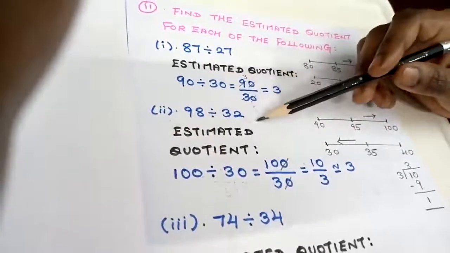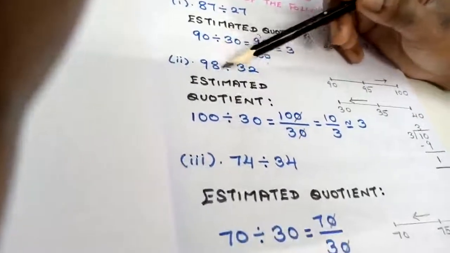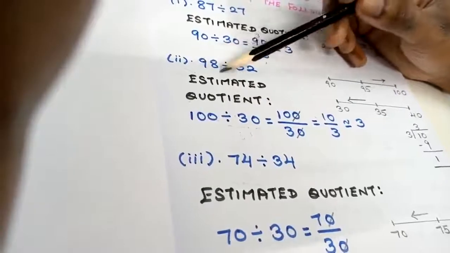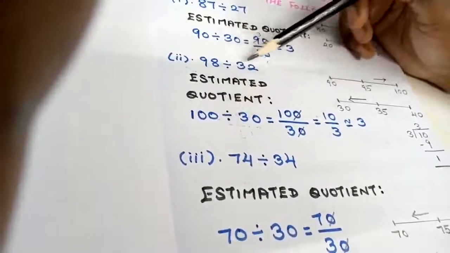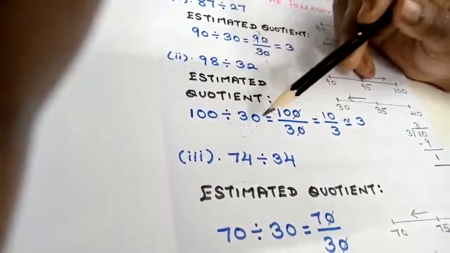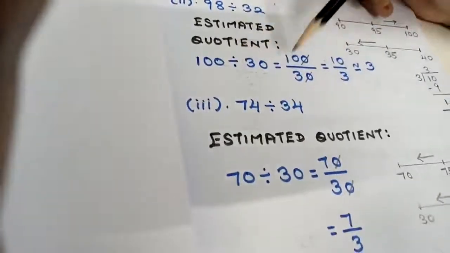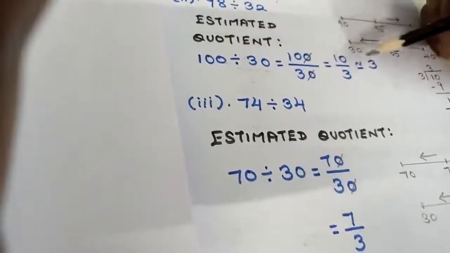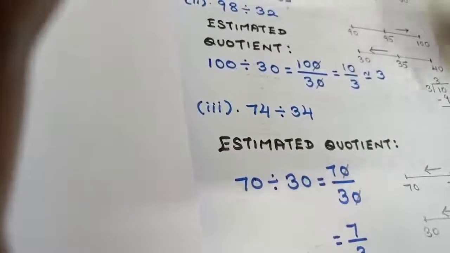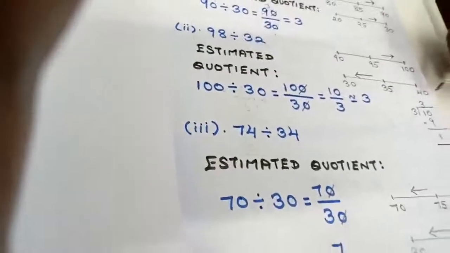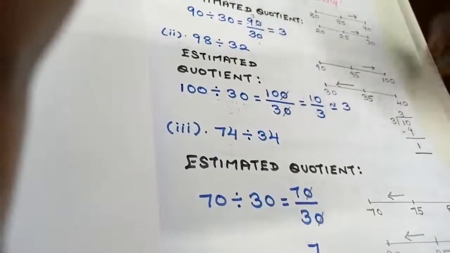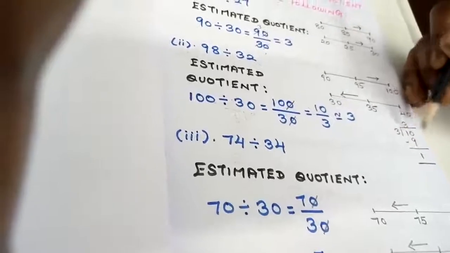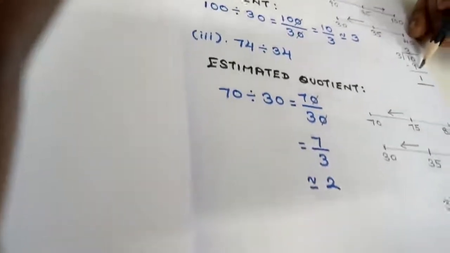Coming to the next question, the nearest 10th for 98 is 100, and the nearest 10th for 32 is 30. 100 divided by 30, you will get the value as 10 by 3. When I divide this particular number, I will be getting a decimal point. I will not move to the decimal point. 3 3s are 9, 10 minus 9, 1.